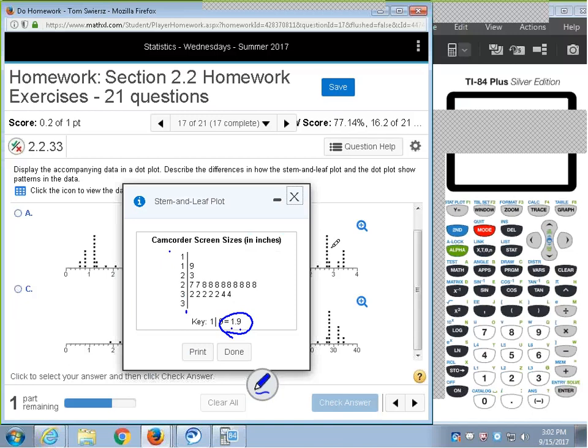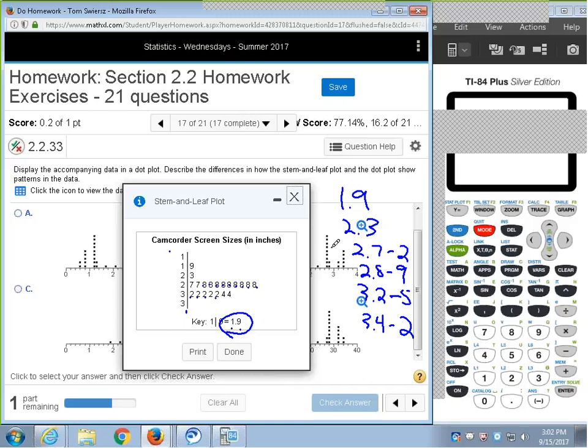So, if you look at these values, 1.9 occurs once, 2.3 occurs once, 2.7 occurs 2 times, 2.8 occurs 9 times. 3.2 occurs 5 times. And 3.4 occurs twice. Okay?